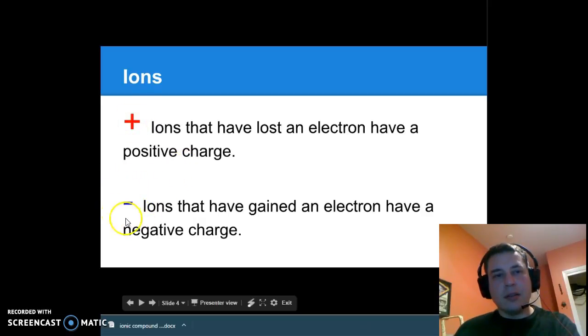The negative ions are when you have gained an electron, and it becomes a negative charge. Take a moment, look at the model again, rationalize, think about why we call it that. We call it a negative ion because it has more negatives to it, more electrons. We call it a positive ion when it has more protons to it because protons are positive.